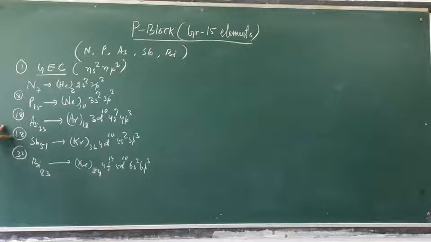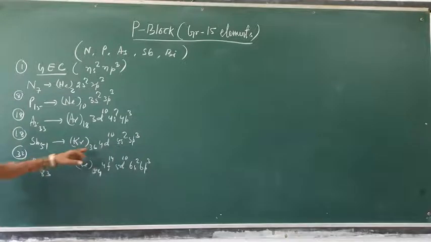So 8, 18, 18, 32 is the difference in atomic numbers of the group members. So you see the electronic configuration.